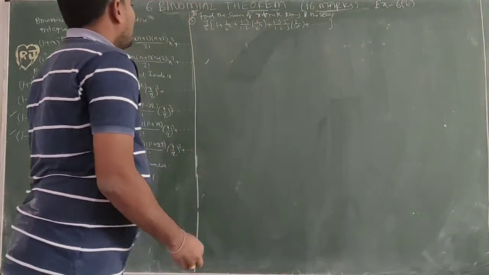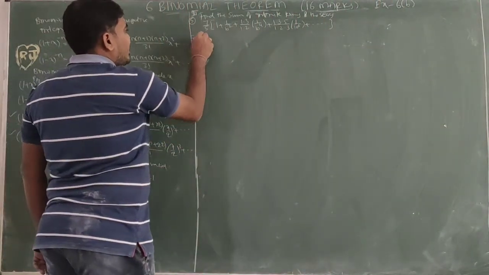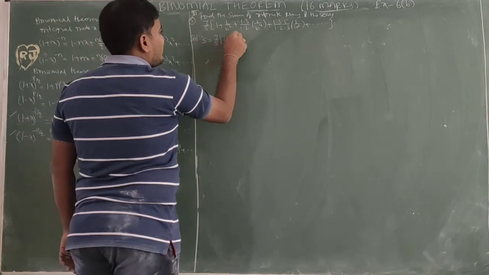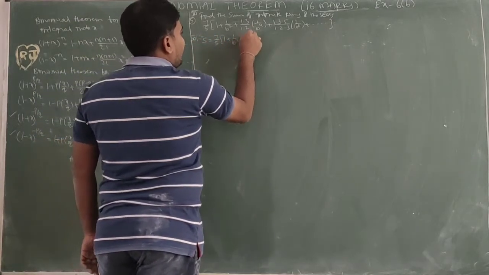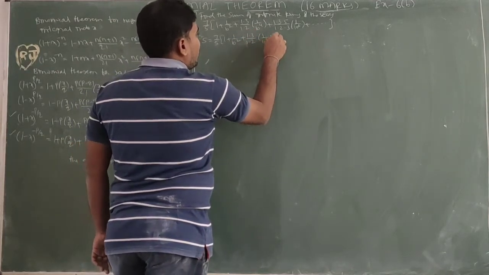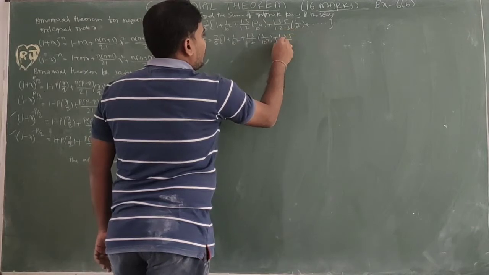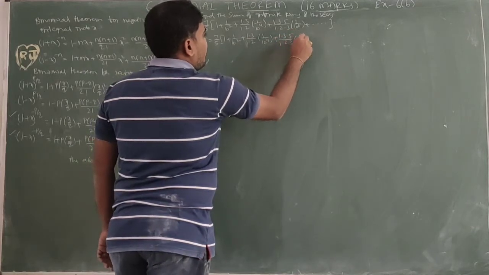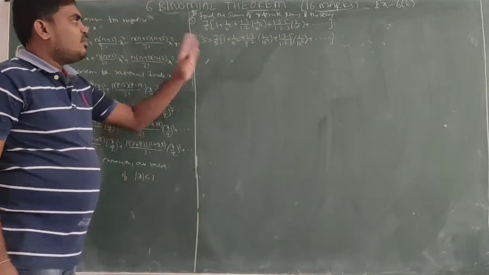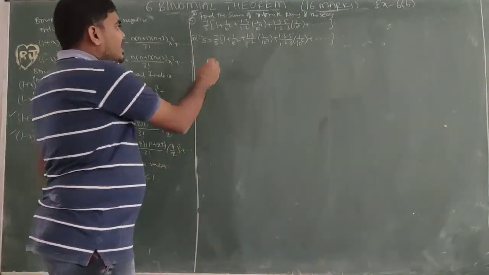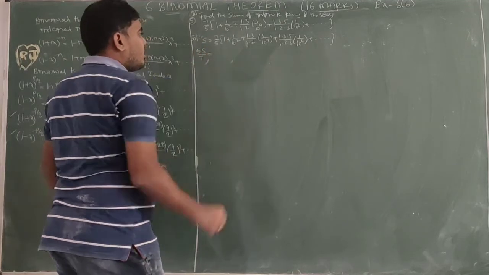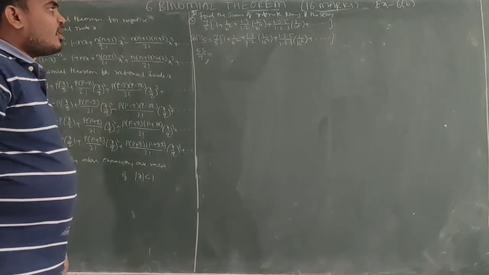Okay, now for the solution, let us consider 7 by 5 of 1 plus 1 by 10 square, 1 into 3 by 1 into 2 times 1 by 10 power 4, 1 into 3 into 5 by 1 into 2 into 3 times 1 by 10 power 6, plus up to so on. Bringing the 7 by 5 to this side, 5s by 7 equals.